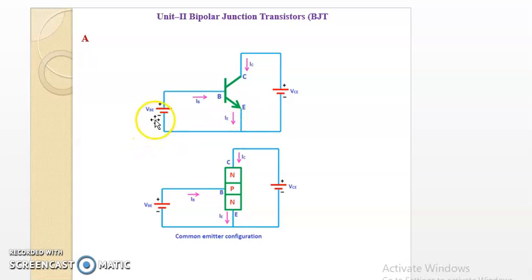Electrons are negative. I mean this diode is in forward bias. Whereas the collector semiconductor contains electrons, which are negatively charged. They are connected to the positive terminal of the battery. That's why this diode is in reverse bias. And remember, for the activation of transistor, the emitter diode must be in forward bias and the collector diode must be in reverse bias.